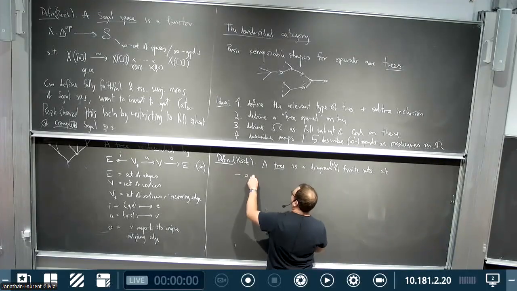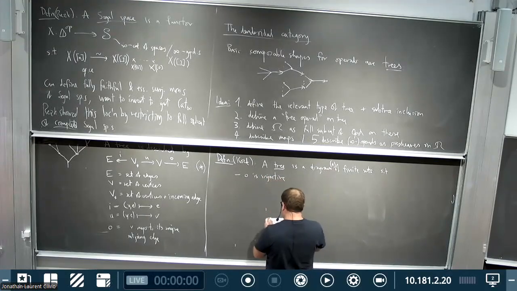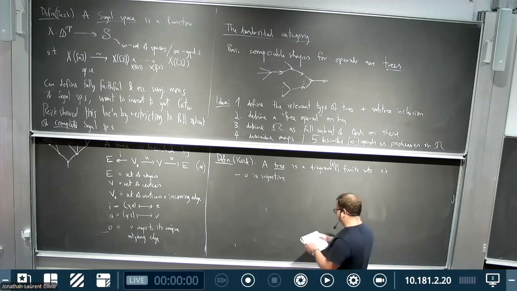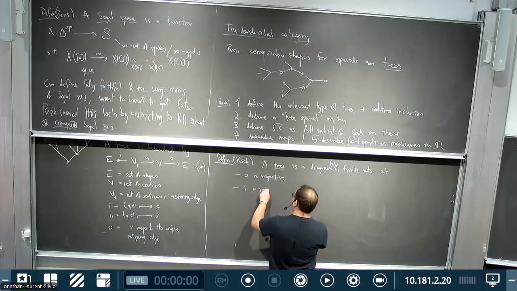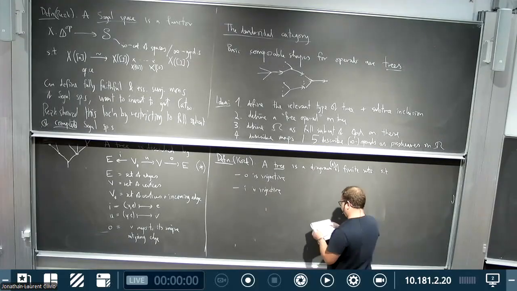O should be injective, which says that every edge is outgoing for at most one vertex. You can't be the outgoing edge of several vertices. That I should be injective, so an edge is incoming for at most one vertex.